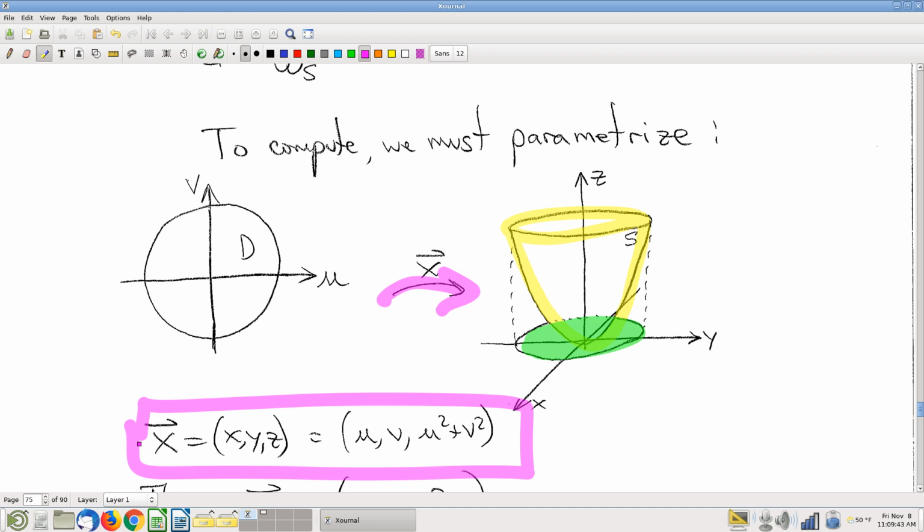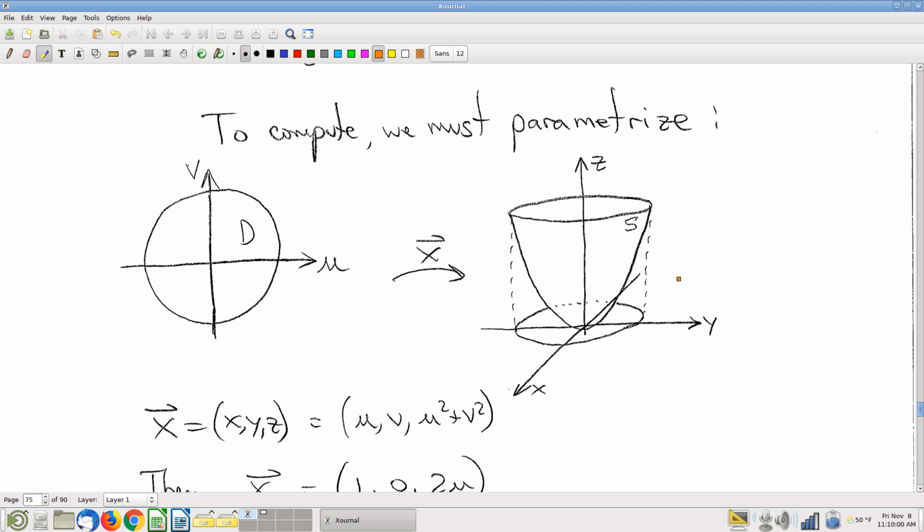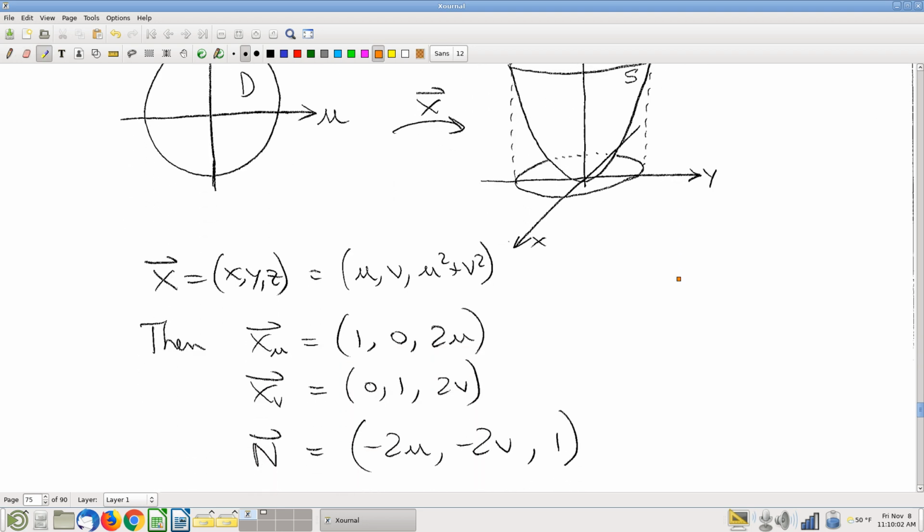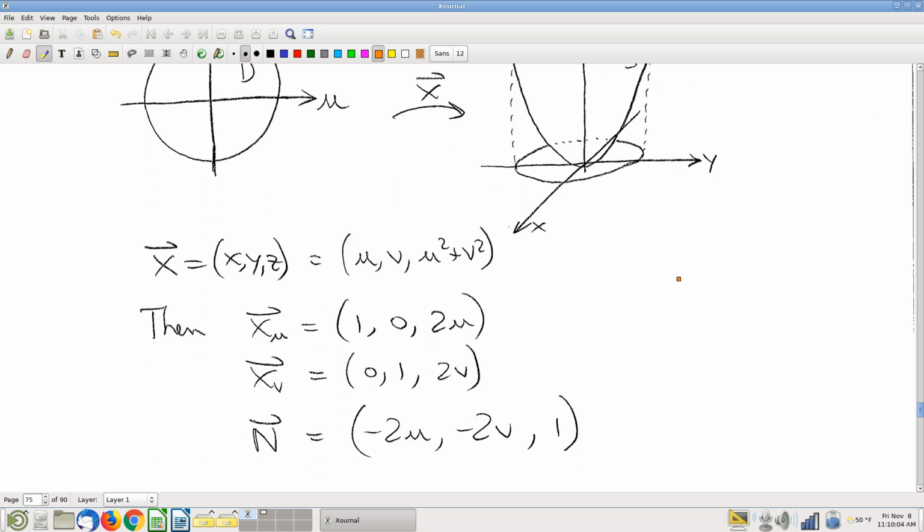So just make x and y, this is the big trick, your input variables, your parameters. And then z is what it has to be, and lo and behold, you got yourself a parameterization. Okay, so graph parameterization. And with that in mind, here's your X_u, here's your X_v, here's your N. That's just plug and chug.